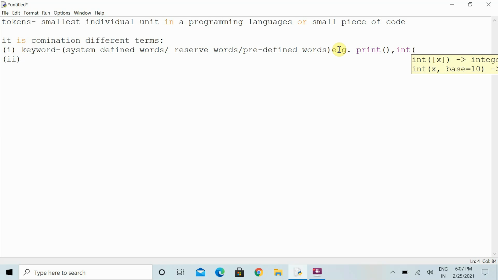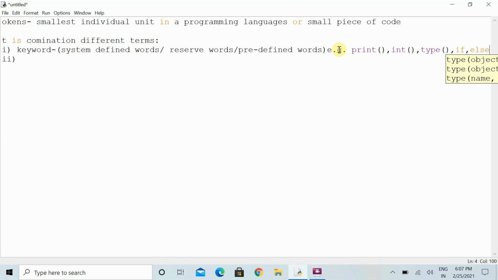We will see how we can use the int function. After that, type we also use, and there are other things as well, like if and else. There are so many words that we use as they are in our programming environment, which come under keywords. Another term is identifier, and identifiers are user defined words.